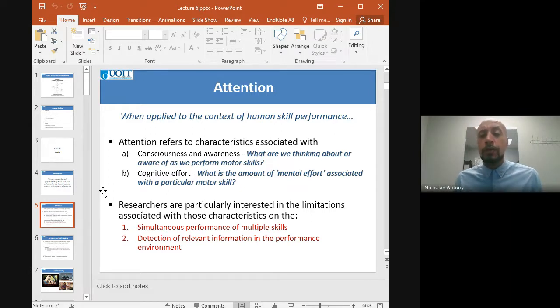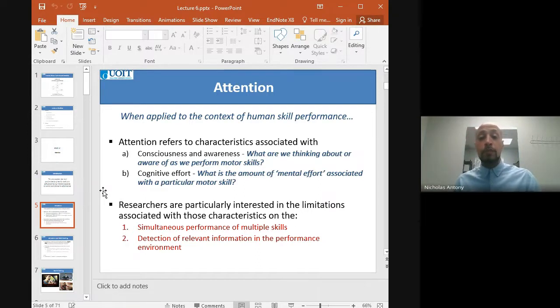So we talked earlier about beginner versus experienced drivers, that their eyes tend to focus on fewer things for a shorter amount of time as they get better at driving, for example.